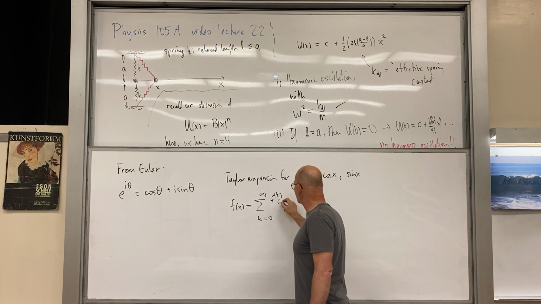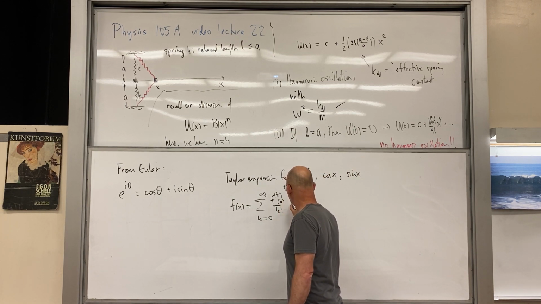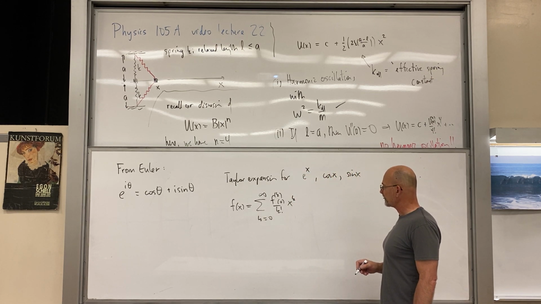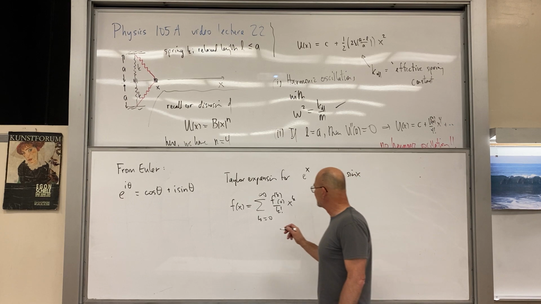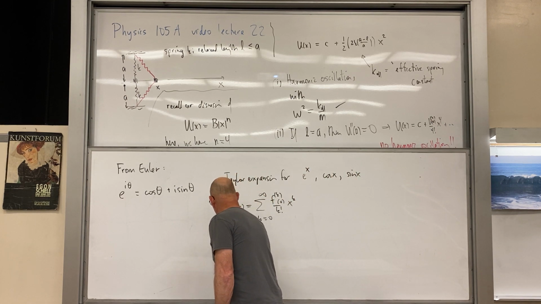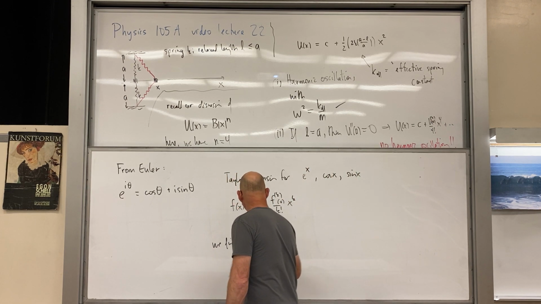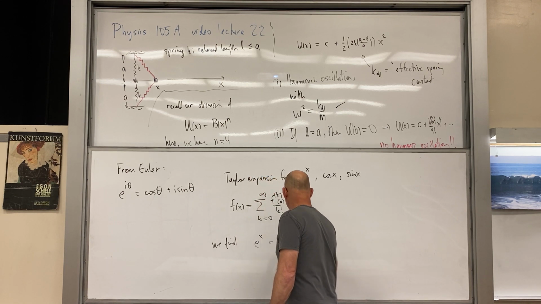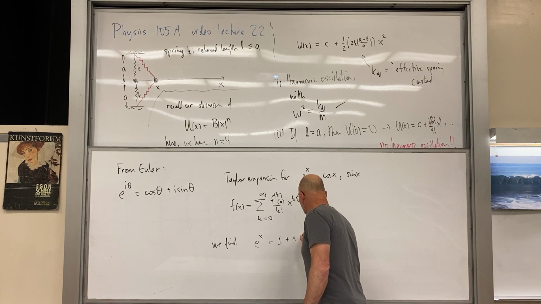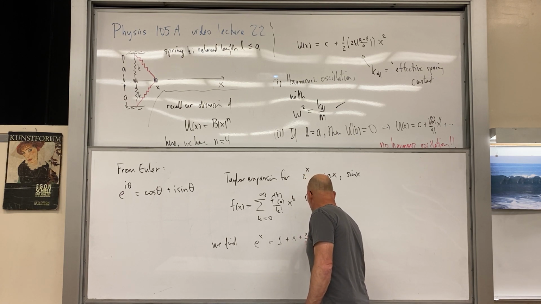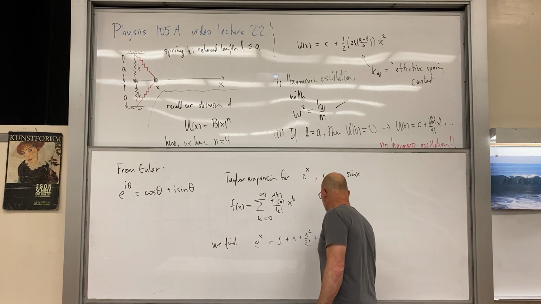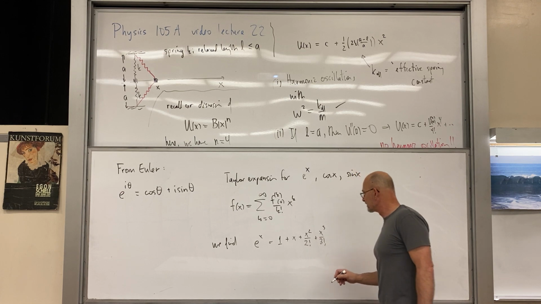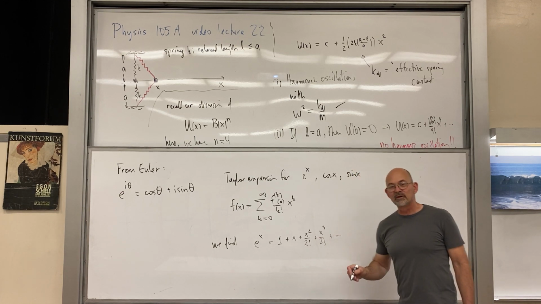So kth derivative at 0 divided by k factorial times x to the kth power. And what you find is e to the x is equal to 1 plus x plus x squared over 2 factorial plus x cubed over 3 factorial all the way out to infinity.